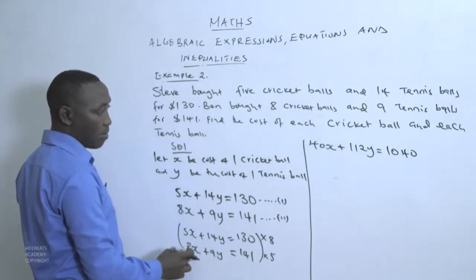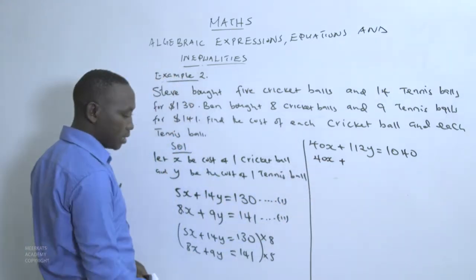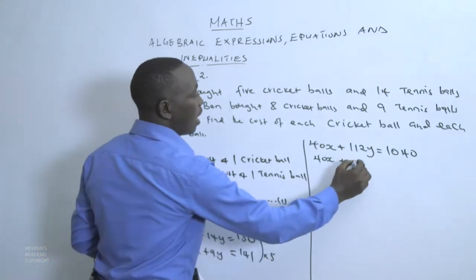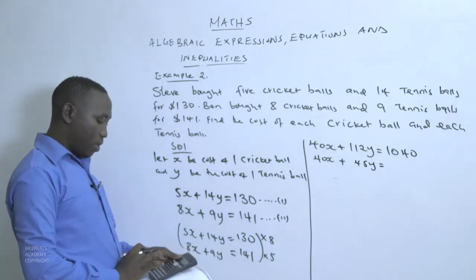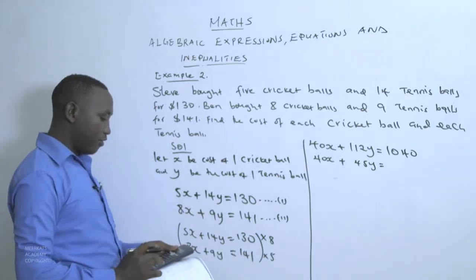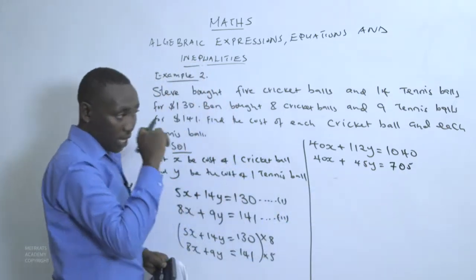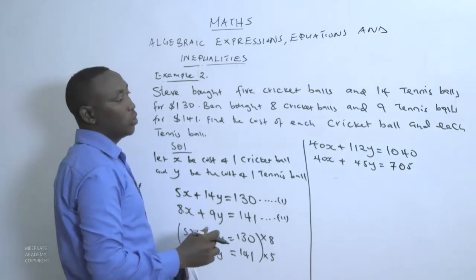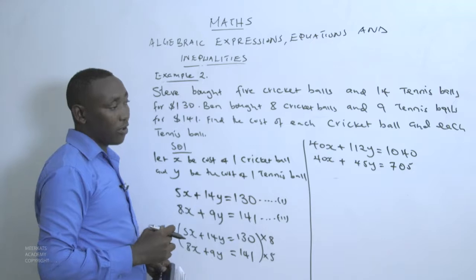So 5 multiplied by 8 gives 40x, plus 5 multiplied by 9 gives 45y, and 141 multiplied by 5 gives 705.